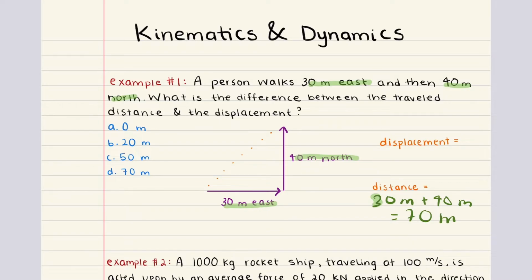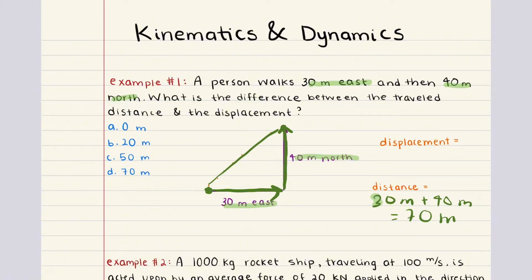So the person's movement actually forms a right triangle where one leg is our 30 meters east and the other leg is our 40 meters north. The displacement is going to correspond to the hypotenuse of this right triangle.